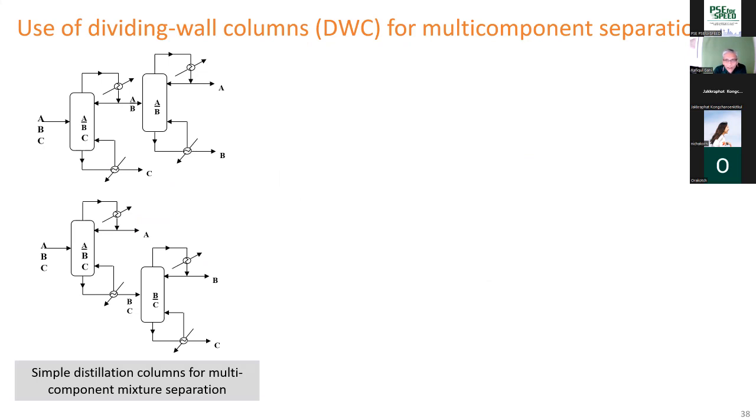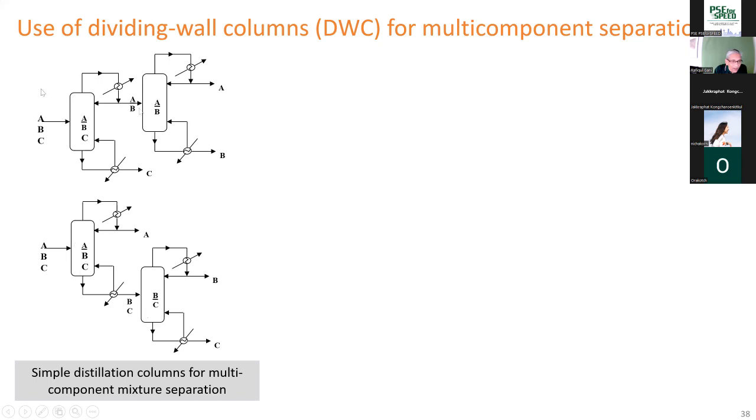Here, our theory is the dividing wall column. So what is the dividing wall column and when do we use it? A dividing wall column needs to be used whenever we have more than 1 distillation column, that is at least 2. So if we have 2 distillation columns, we are separating 3 compounds. We are talking about simple columns, 1 feed, 2 products, and A, B, C separated in this way or in this way.